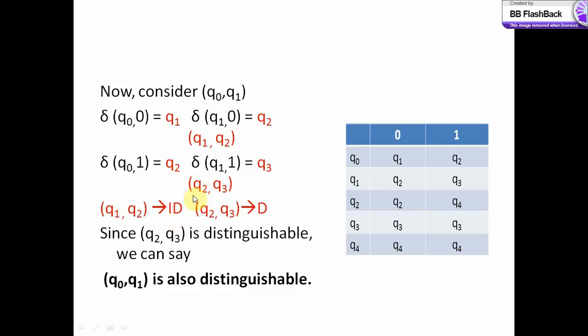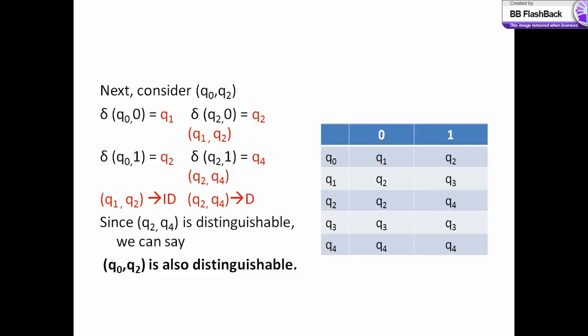Whereas this pair Q2, Q3 is called distinguishable because Q2 is non-final and Q3 is final. So since one of these pairs is distinguishable, we can also say that this Q0, Q1 is also distinguishable.